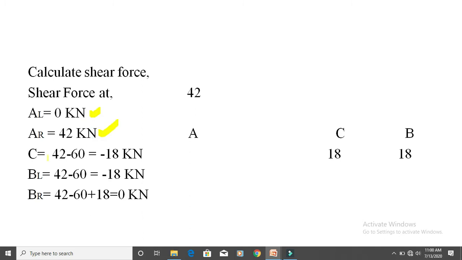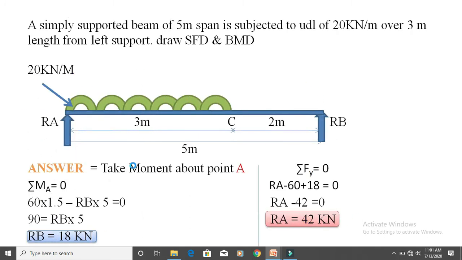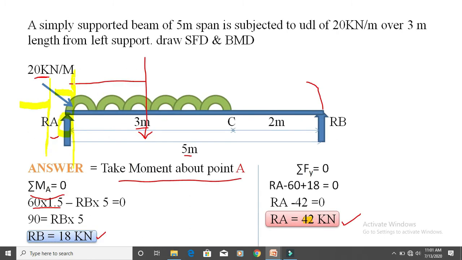The next, shear force at C, is equal to 42 minus 60, which is minus 18 kilonewton. This vertical line is drawn directly on the C. There is no need to draw left of the C and right of the C, because at C there is no point load.